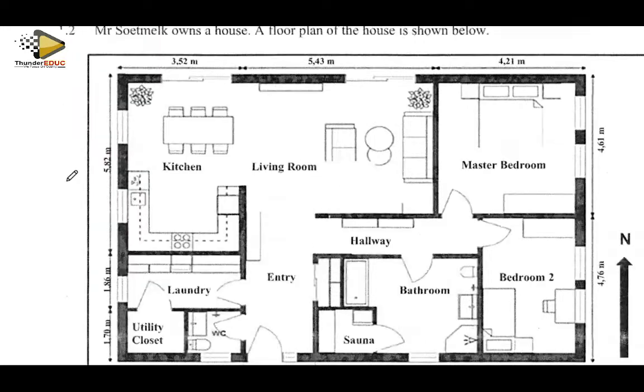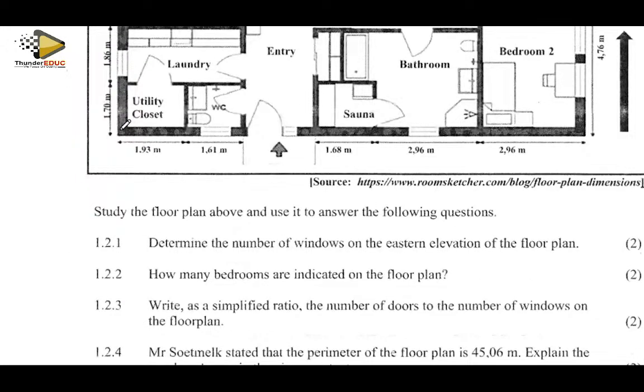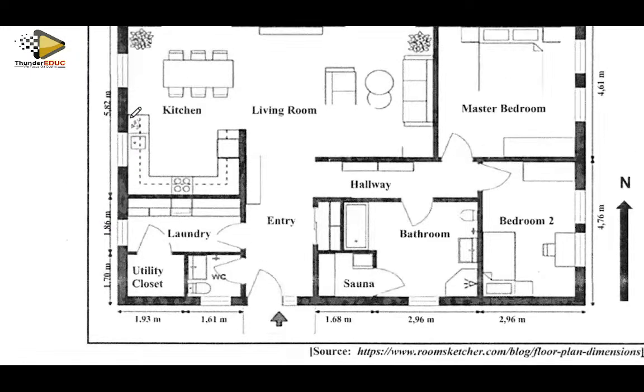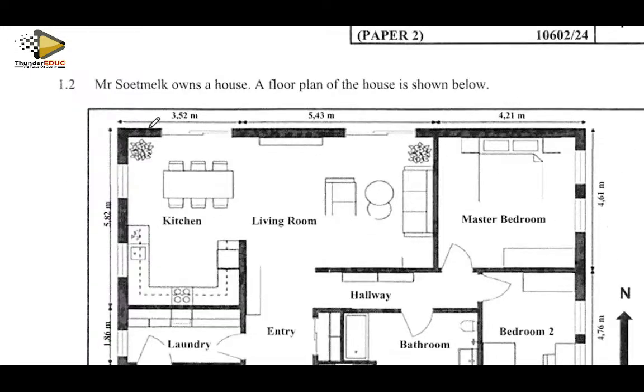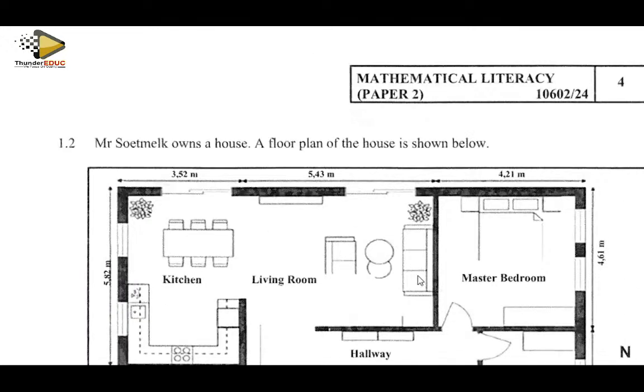1.2. Mr. Stolcom owns a house. A floor plan of the house is shown below. Study the floor plan above and use it to answer the questions that follow. Determine the number of windows on the eastern elevation of the floor plan.